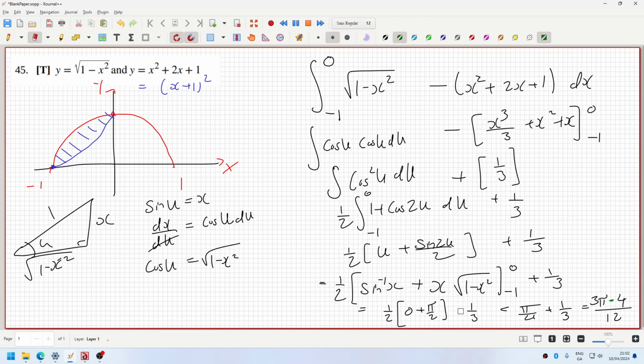Which should have been here. That means that should have been minus there, which means there should have been a minus there, a minus there, a minus there, a minus there. So this one was minus.